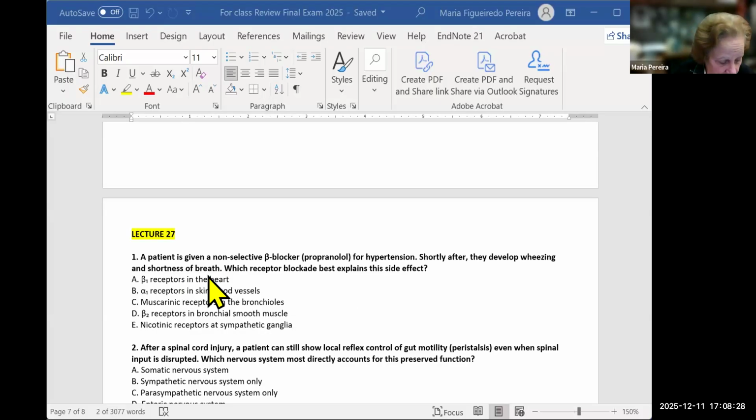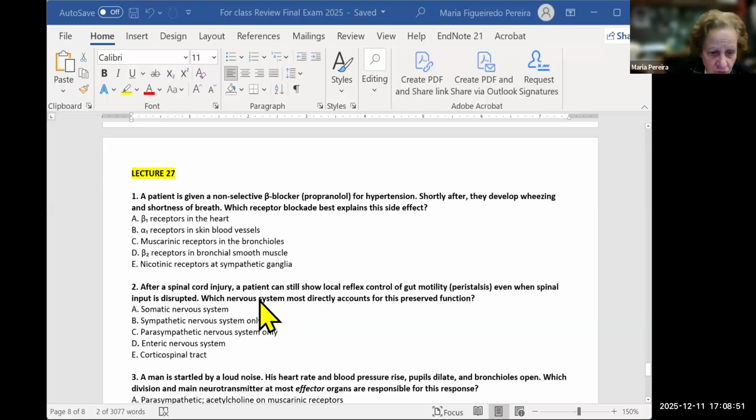That's one of the side effects. Which receptors blockade best explains this side effect? Here, beta 2 receptors that are linked to smooth muscle in the bronchi. D, correct.